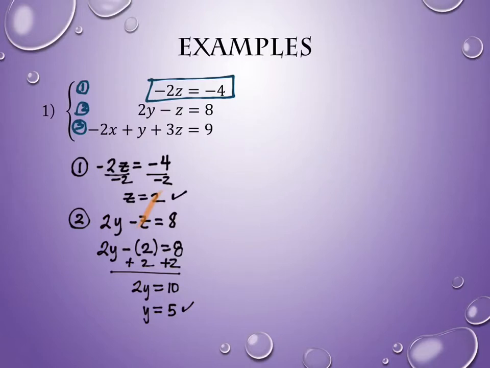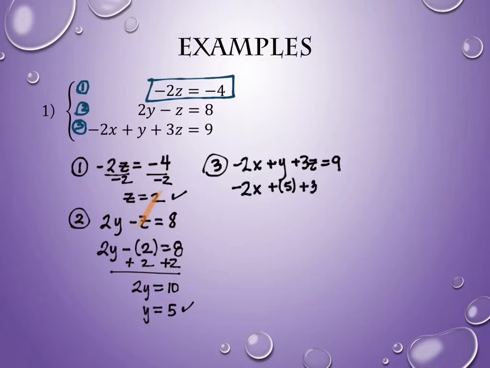So equation number 3 is -2x plus y plus 3z equals 9. X I don't know, so this stays -2x. But y is 5, so this is plus 5. Plus 3 times z, and z is 2, so it's 3 times 2, equals 9.